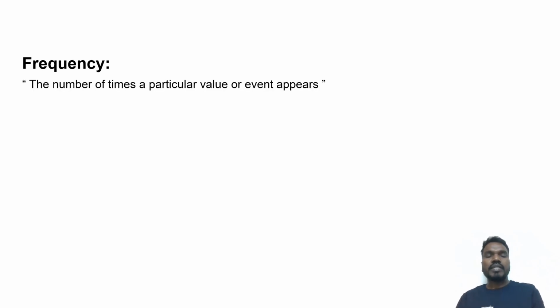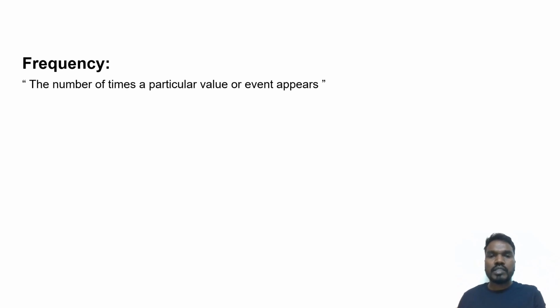Okay, so as I said, in the total number of students, mathematics appeared 12 times, that means the response mathematics is repeated 12 times, right? So that is called a frequency. Whenever a particular thing or event or value is repeating a number of times, that is called a frequency.